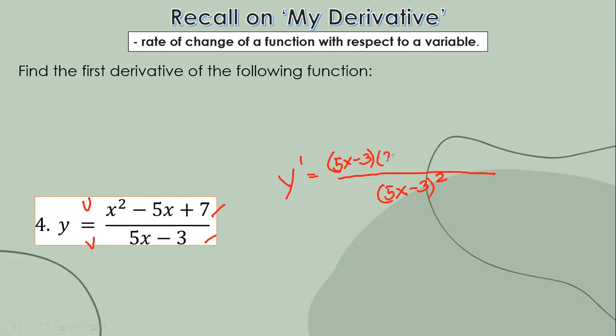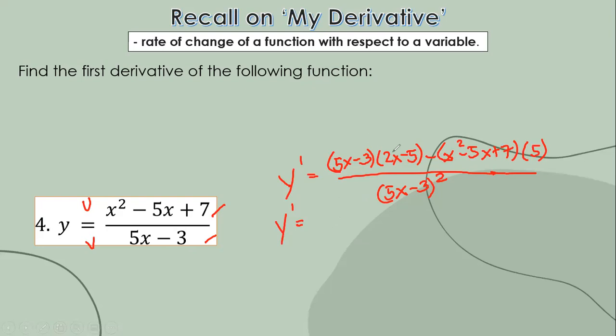Derivative ng numerator is 2x minus 5. Then minus, okay, copy naman yung numerator, x squared minus 5x plus 7, multiply sa derivative ng denominator. So that is 5. Right? So that's it.